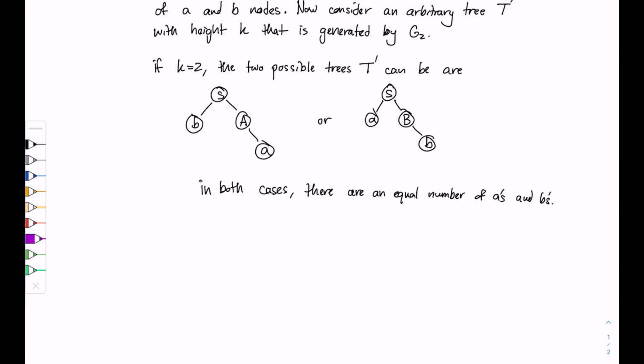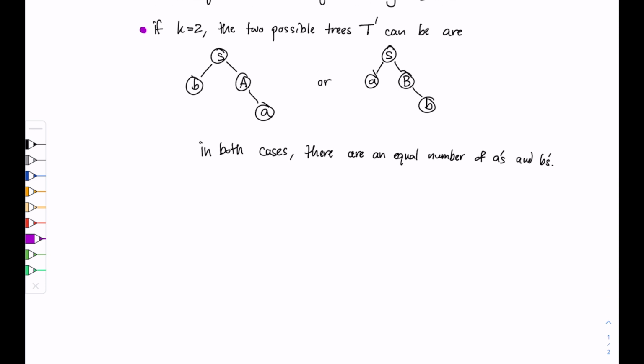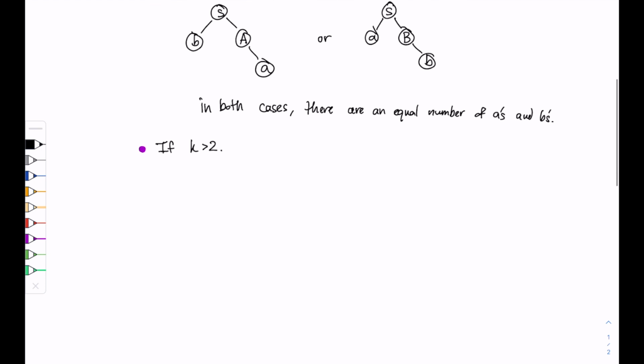So we're covered there. Now we have another case to worry about, which is if k is larger than 2. Maybe we'll just change the wording and say, suppose k is larger than 2.